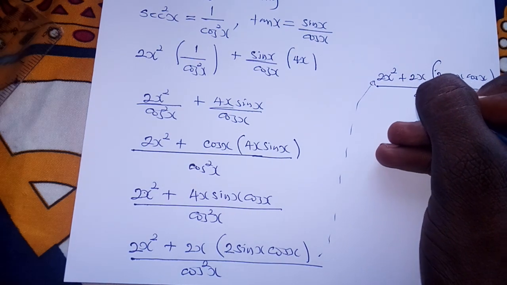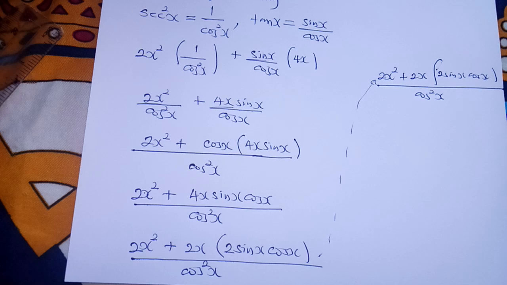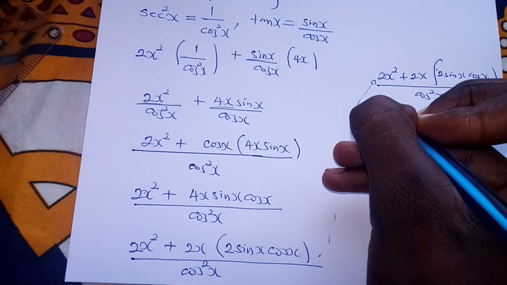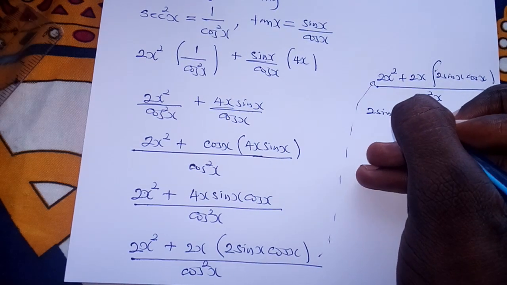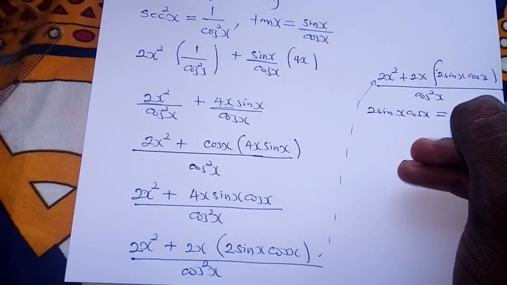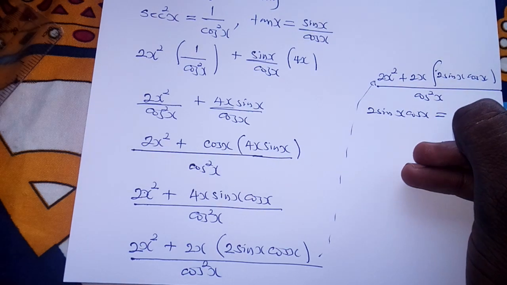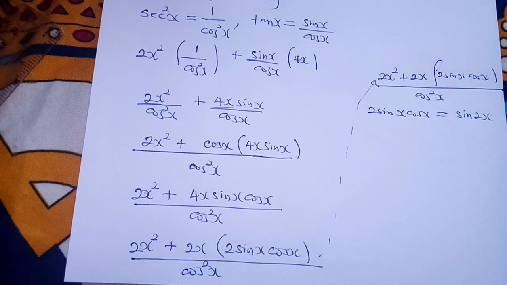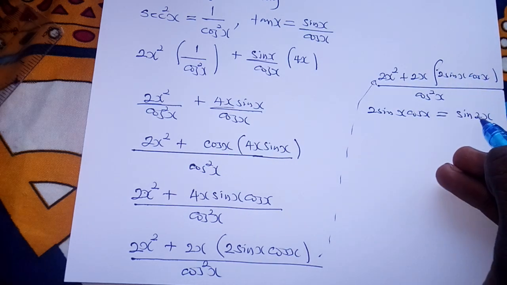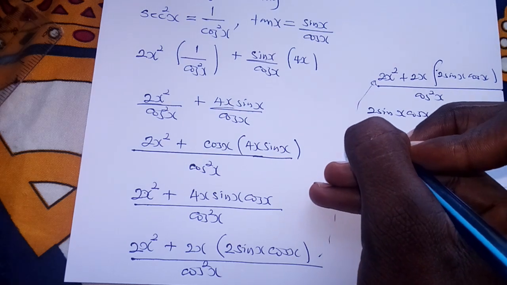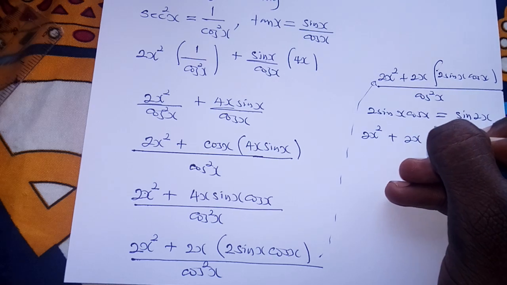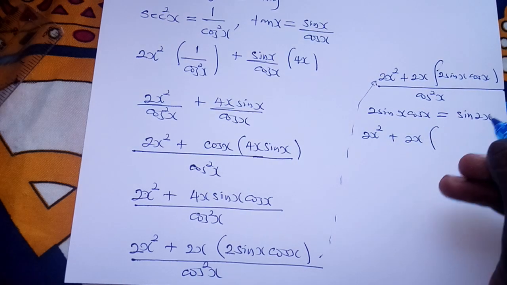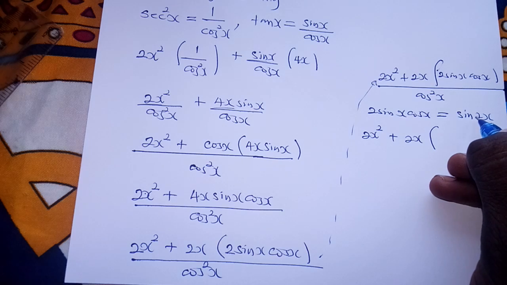Now from this point, we know from trigonometry that if you have 2 sin x cos x, this is equal to sin 2x. Now instead of this, we replace it with this one. This becomes 2x square plus 2x into, instead of 2 sin x cos x, we already simplified it as sin 2x.